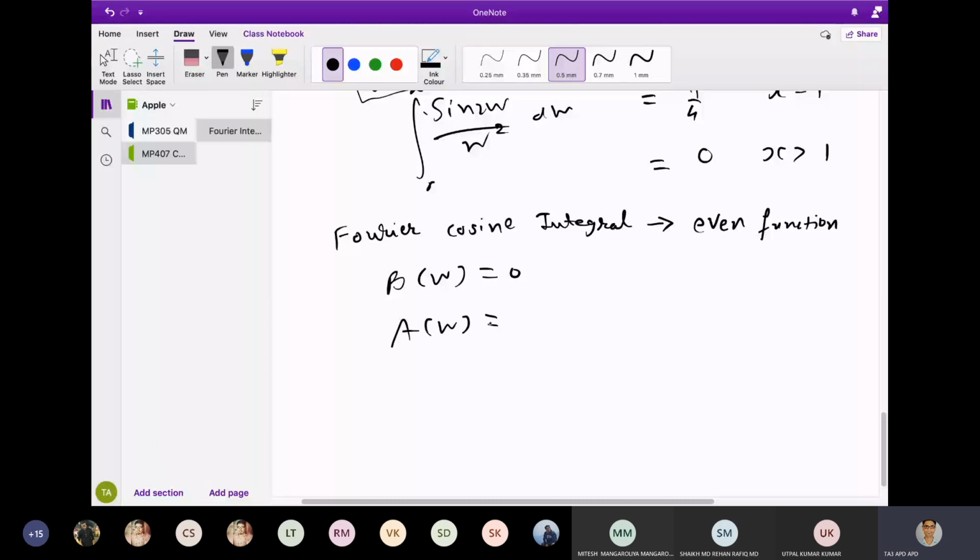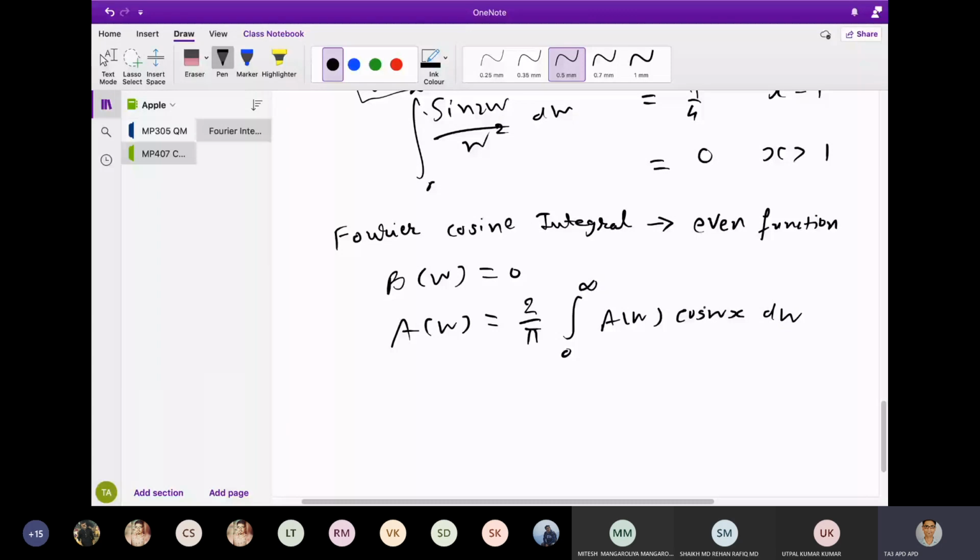And the coefficient a is going to be equal to 1 over pi, integral from minus infinity to plus infinity, so that will be 2 times the integral from 0 to infinity of f of x cos wx dx.